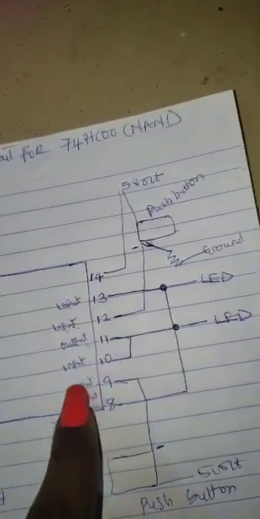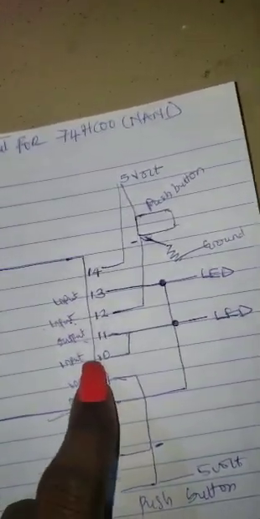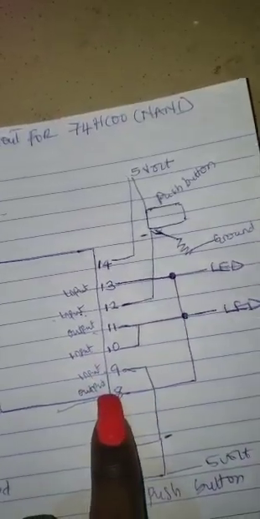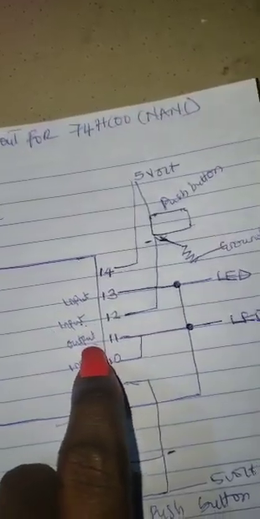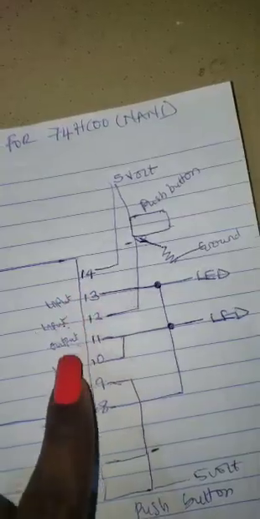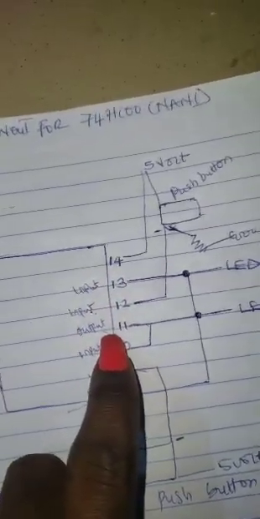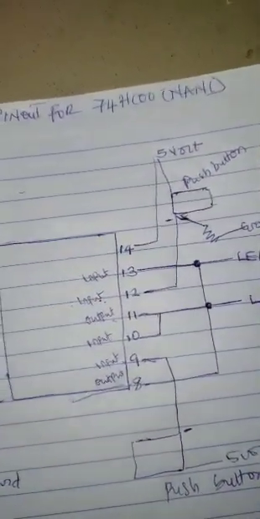For the third gate, pin 9 and pin 10 are both inputs, and pin 8 is the output. For the fourth gate, pin 12 and pin 13 are the inputs, while pin 11 is the output. Pin 14 is connected to 5 volts, which is not part of the gate, and pin 7 is connected to ground.